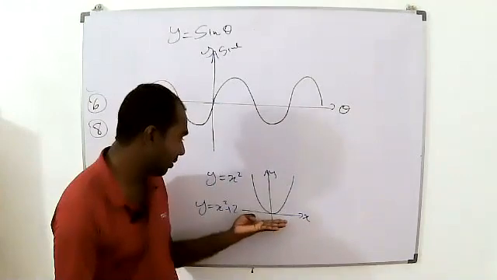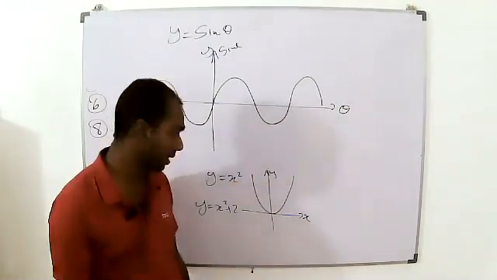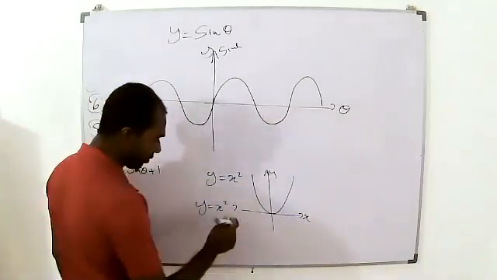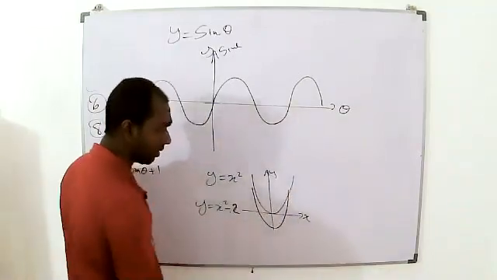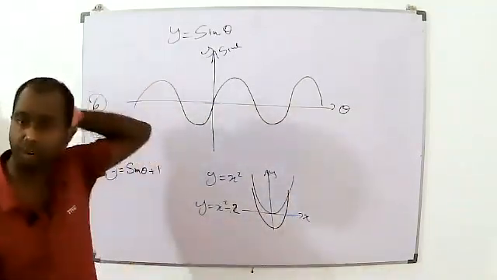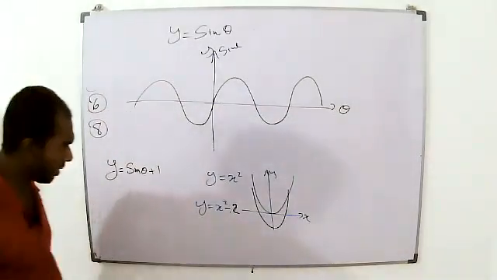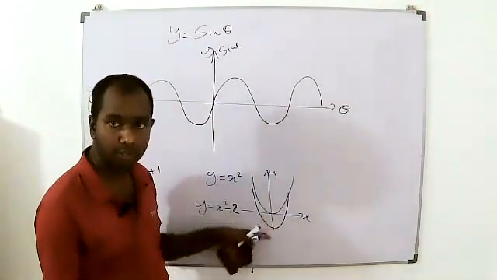This graph will move 2 units upward. And if it is minus 2 here, x squared minus 2, what happened to this graph? It goes down 2 units. We did so many transformations. Can you remember at school in the month of, I think, April or March? This goes 2 units down.